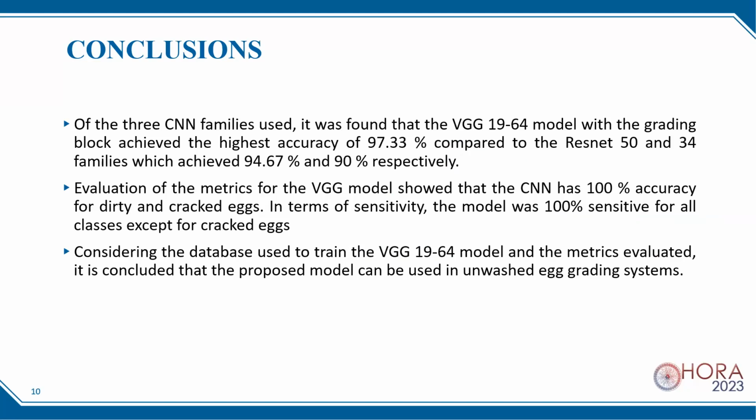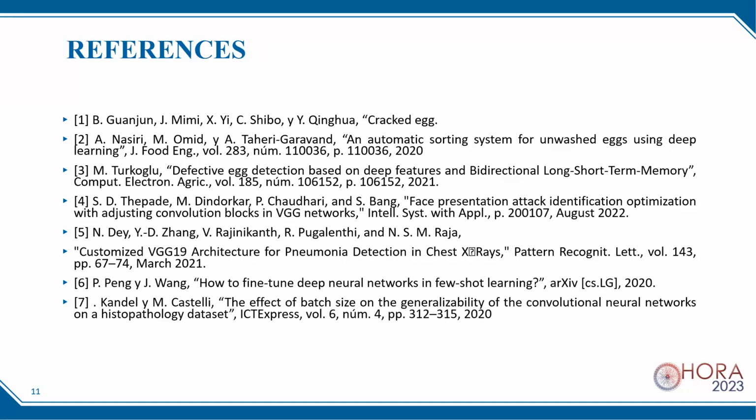In terms of sensitivity, the model was 100% sensitive for all classes except one. Considering the dataset used to train the VGG19 model and the metrics evaluated, it is concluded that the proposed model can be used in an unwashed egg grading system. References, thanks.